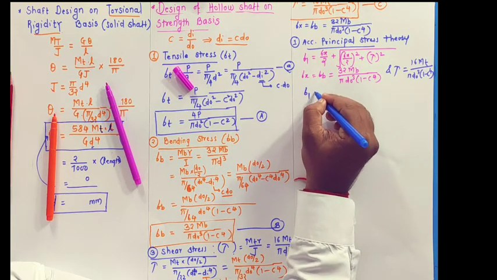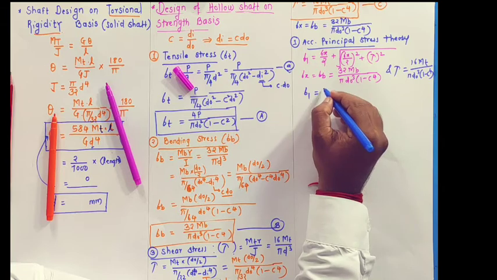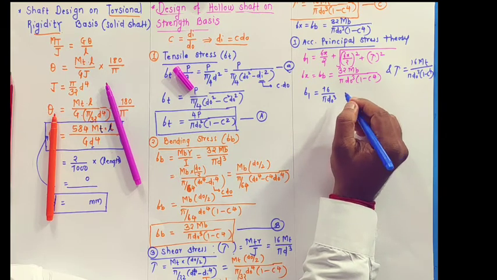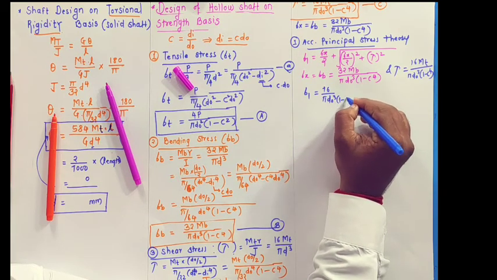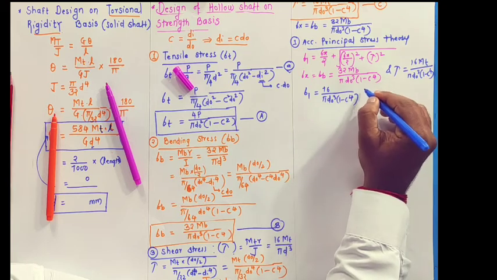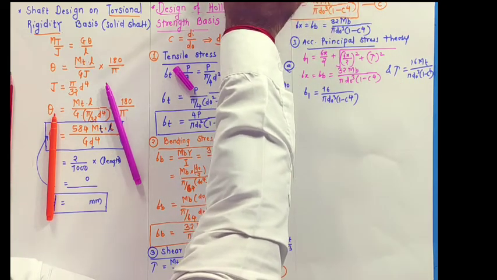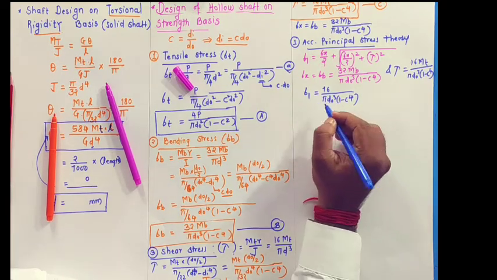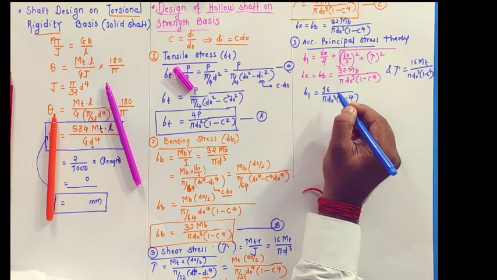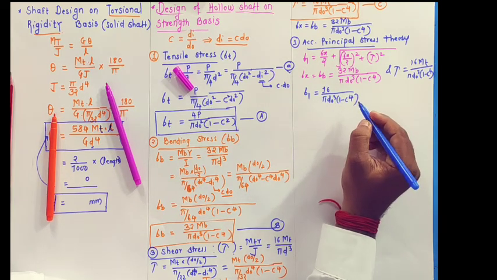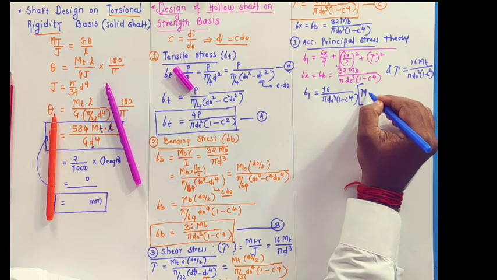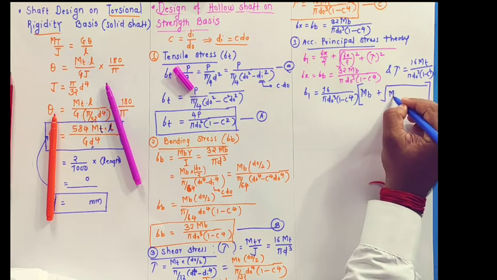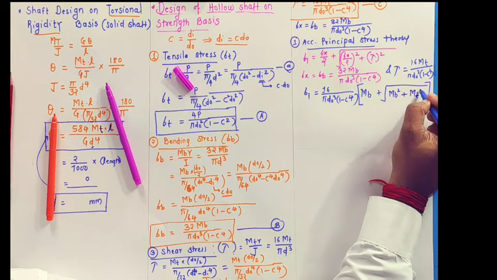I'll get sigma 1 is equal to 16 by pi dO cube into 1 minus C raised to 4, in bracket Mb plus square root of Mb square plus Mt square.